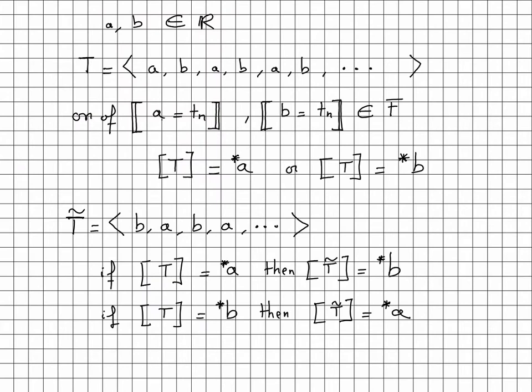In fact, we can build plenty of examples like this one. Take a and b two real numbers and build the sequence t, which is a succession of a, b's. One of the sets where the elements of t are equal to a, or the elements of t are equal to b, belongs to the ultrafilter, which tells us that the equivalence class of t is either *a or *b.